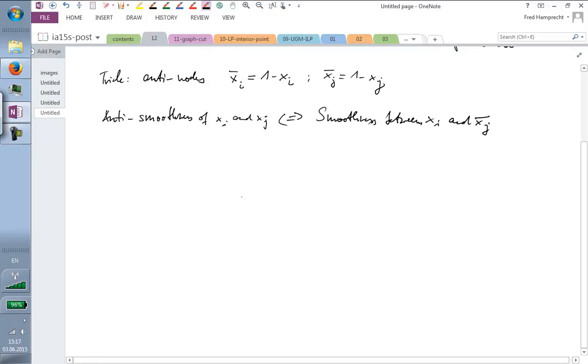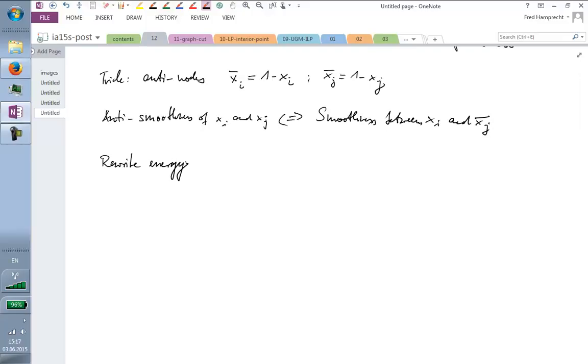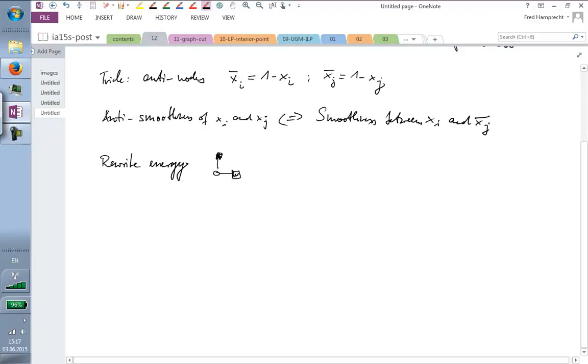So let's try and make this more quantitative. I will rewrite the energy, or rather the contribution to our energy, from just a single pairwise potential. Let me use a tiny graphical model, this one here.